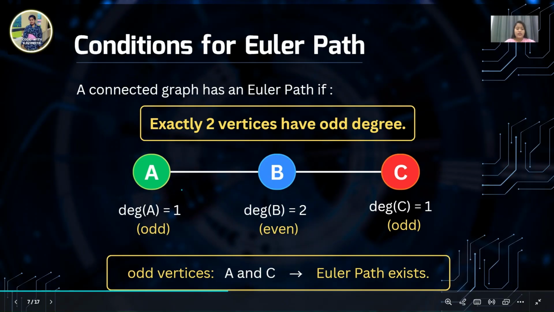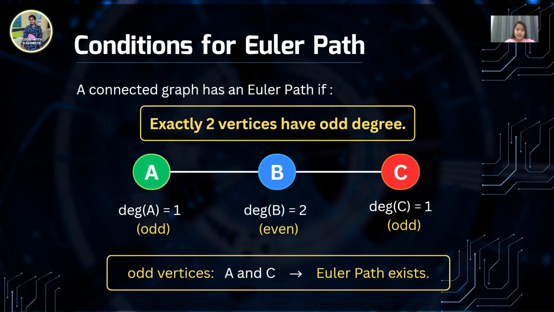How do we know whether an Euler path exists? We simply check the degree of each vertex. Degree means the number of edges connected to a vertex. Let's count. Vertex A has one edge, so its degree is 1. Vertex B has 2 edges, so its degree is 2.